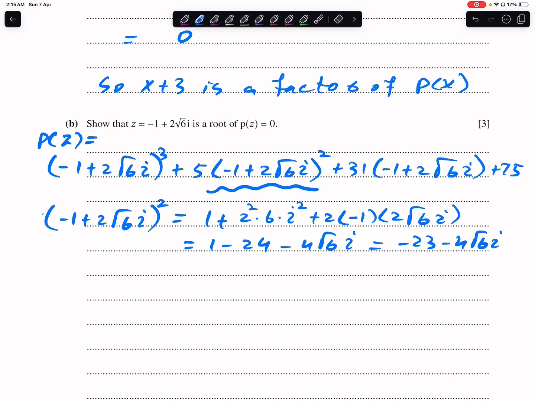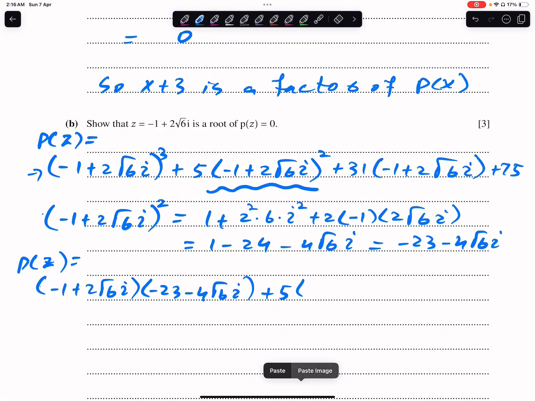This was my square. So in order to calculate cube, just write minus 1 plus 2 root 6i times square, but I'm using the value of square. So the value of square is minus 23 minus 4 root 6i, plus the value of square is, this is p of z.